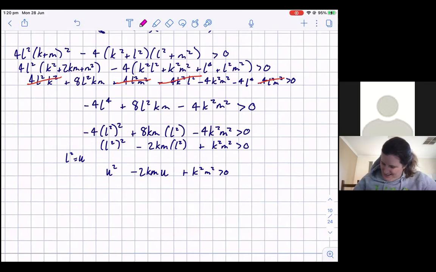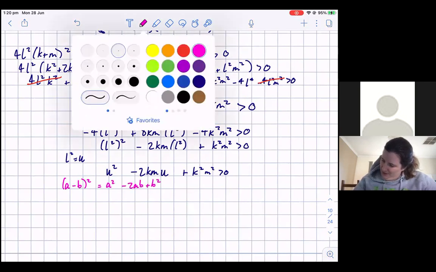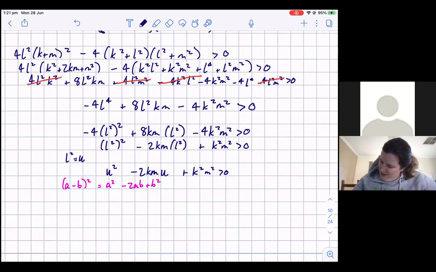This is a take b all squared. Because I think we've got u squared or L squared squared, I might just get rid of the whole U thing.